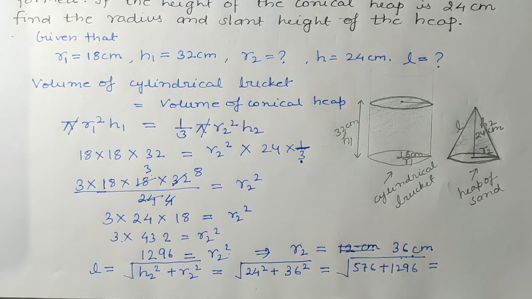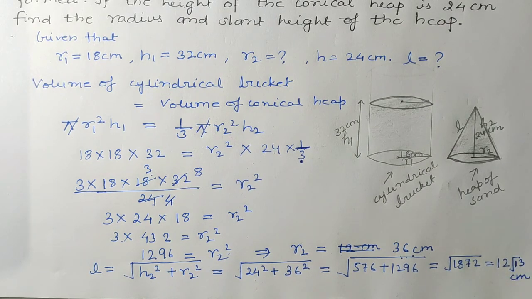So when we'll solve it students, when we add these two, we will get under root 1872. Okay students, what we'll get? 1872. And further, when we factorize it and simplify it, at last we'll get what? 12 under root 13 centimeter.